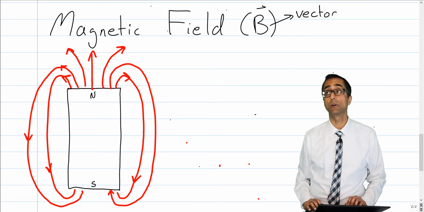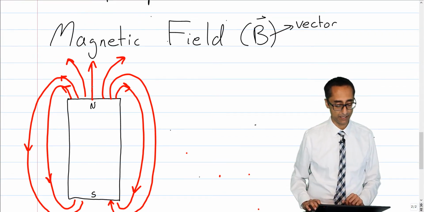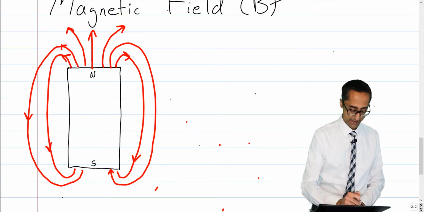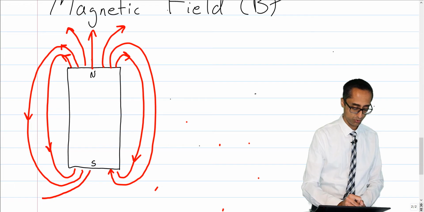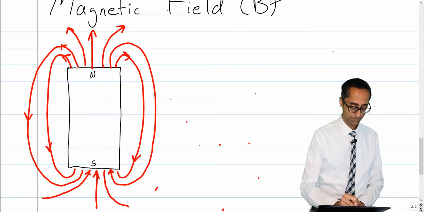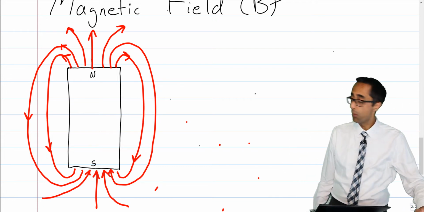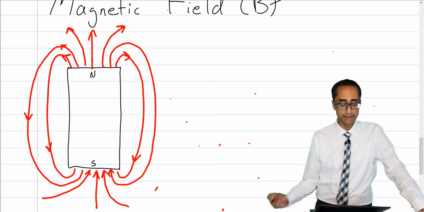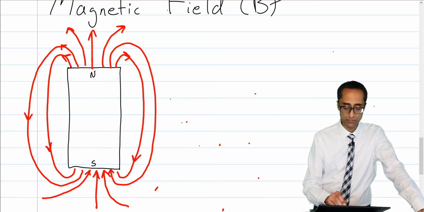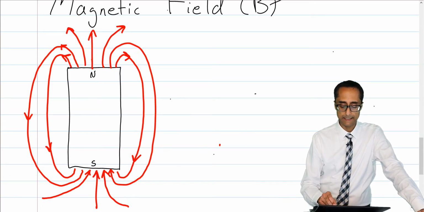So all of our magnetic field lines are coming off of our north, and they are going into our south. Like so.